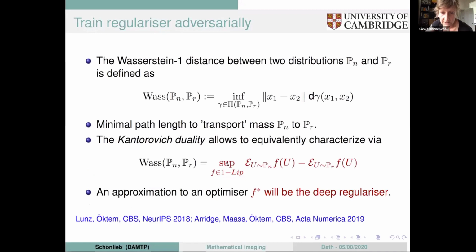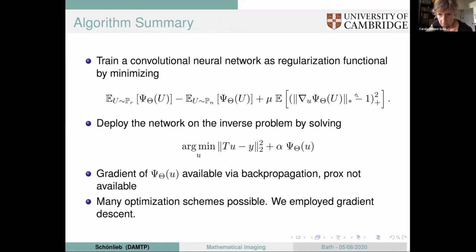And the constraint here I've added as a weak constraint, as a Lagrangian, to the loss function. So I'm enforcing the Lipschitz constraint by enforcing that the gradient of the regularizer should be close to 1.